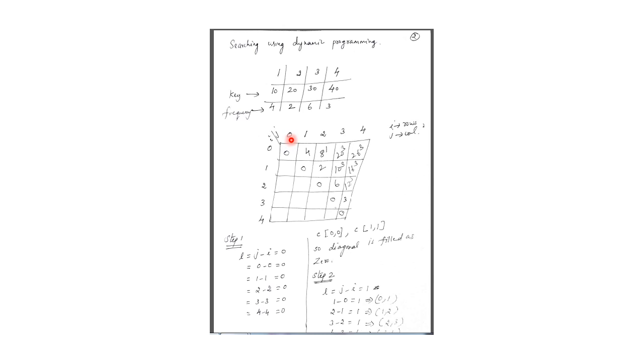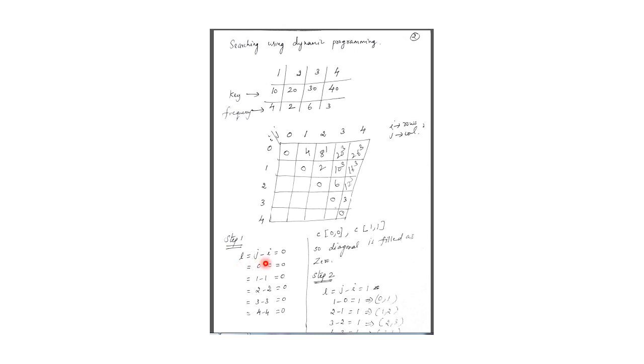In key there are 4 elements, but while entering in the table we have to mark the first element as 0, then 1, 2, 3 and 4. Likewise in frequency also we have to start with 0, 1, 2, 3 and 4. Now we can move on to the first step.